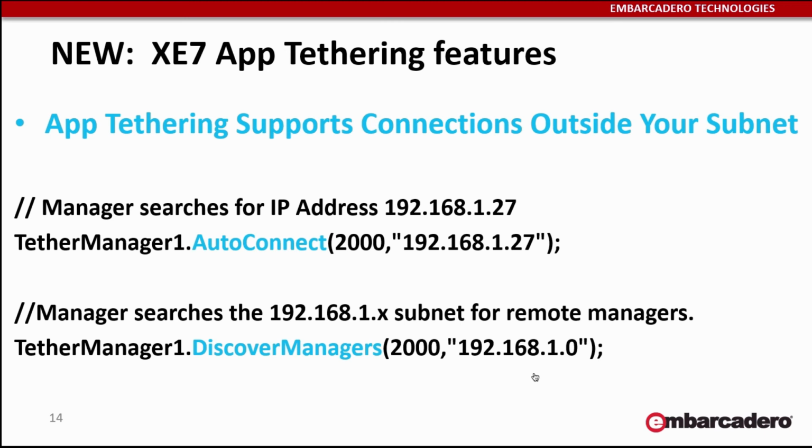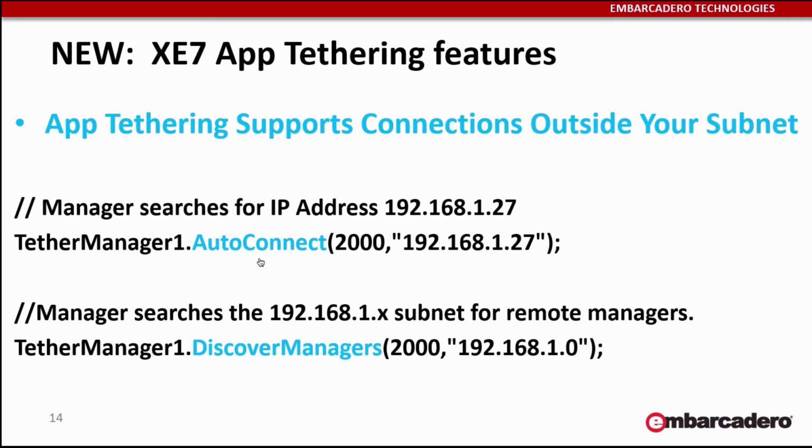Now I'm also going to mention that you cannot specify wider subnets. So for example, I could not have 192.168.0.0. So that's not supported. So now either of these methods, Auto Connect or Discover Managers, can be used to app tether to remote managers.